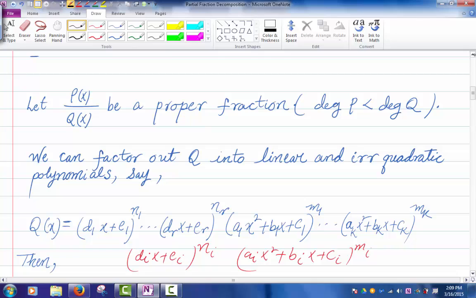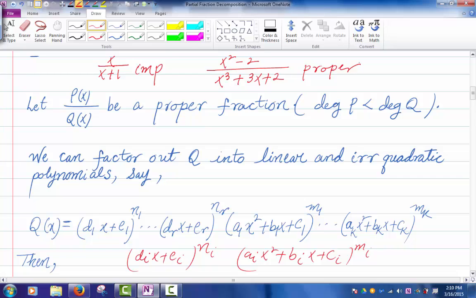Proper versus improper. So if I have the rational function x over x plus 1, is that proper or improper? Improper. The degree of the numerator is the same as the degree of the denominator. So this is improper. Now if I have x squared minus 2 over x cubed plus 3x plus 2, that's a proper fraction.